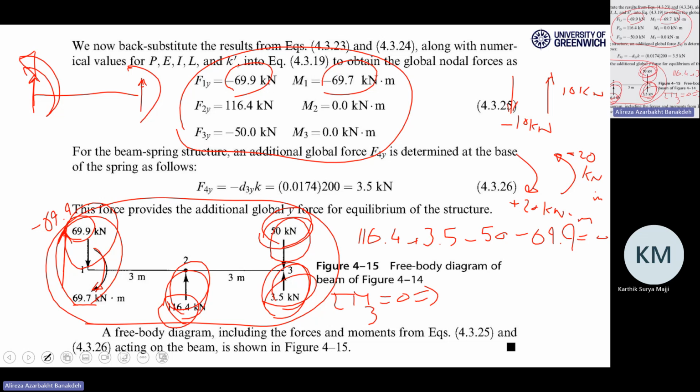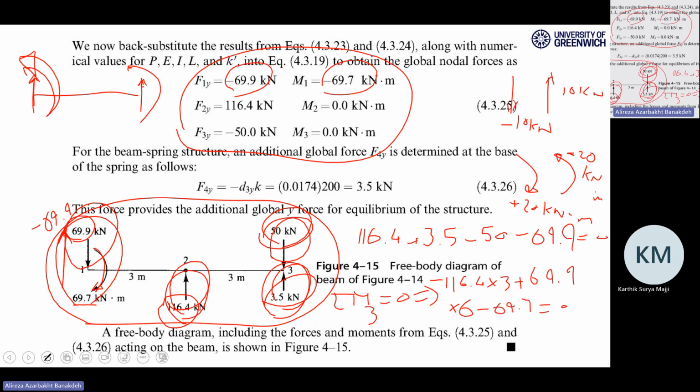So it would be 116.4 times 3 meters. It is clockwise, so I'll put it minus. Plus, this is counterclockwise, plus 69.9 times 6 meters, and minus 69.7 should be 0.